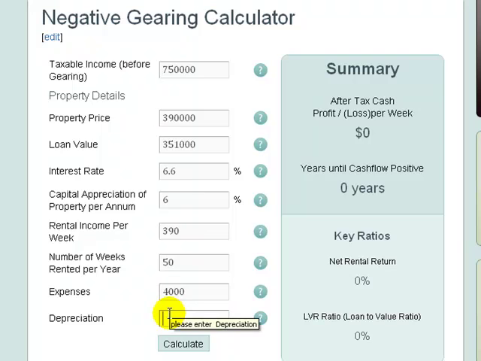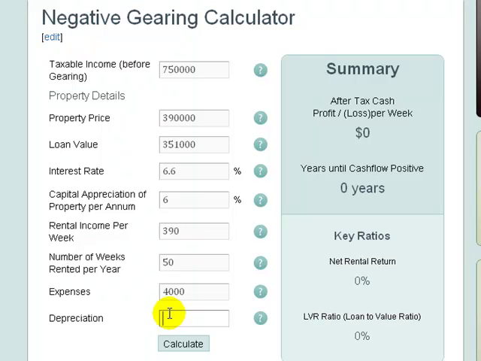Now, depreciation. Depreciation is a non-cash element, but it comprises two components. One, depreciation on the fixtures and fittings, carpets, stoves, etc., and the capital allowance, which represents the cost of the building, written off over 40 years. You need to get a quantity surveyor to provide a report calculating this when you have bought the property and you want to claim it on your tax returns.